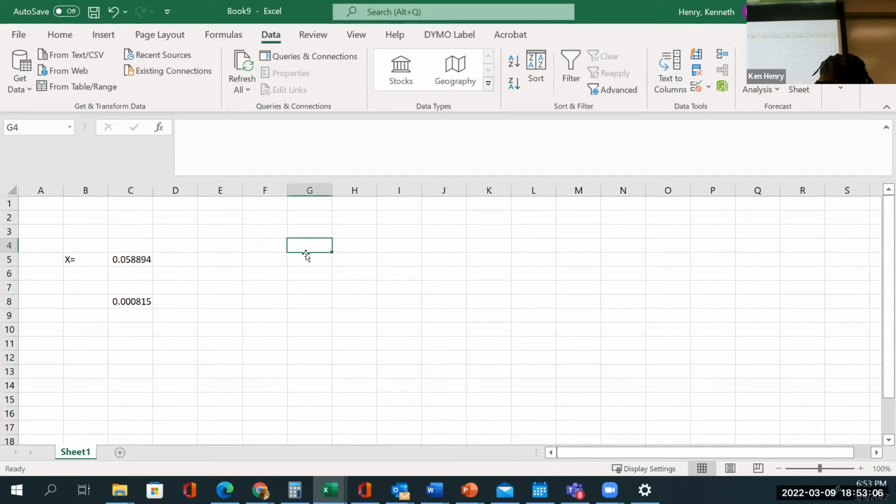See, he said 0.026. Let's plug it in. 0.206. So that's 10 to the minus 8.